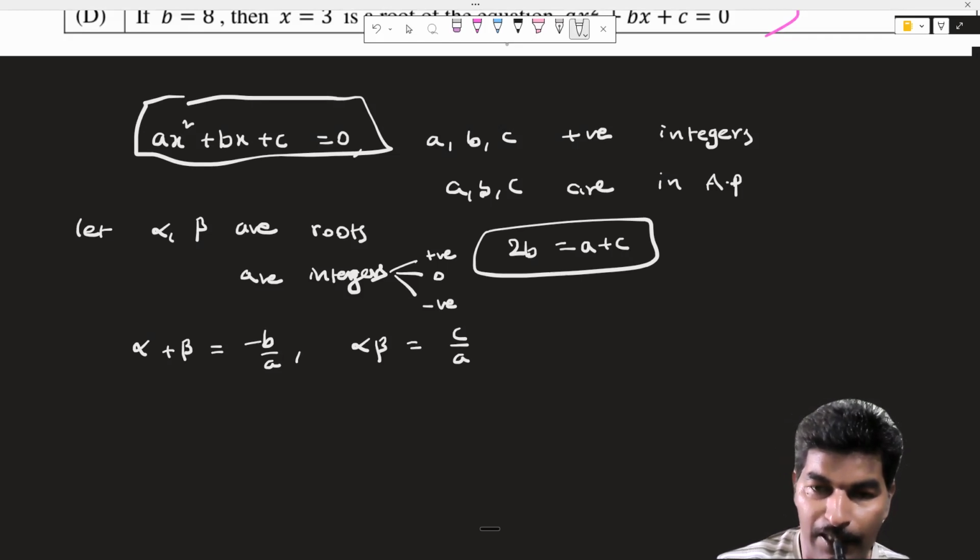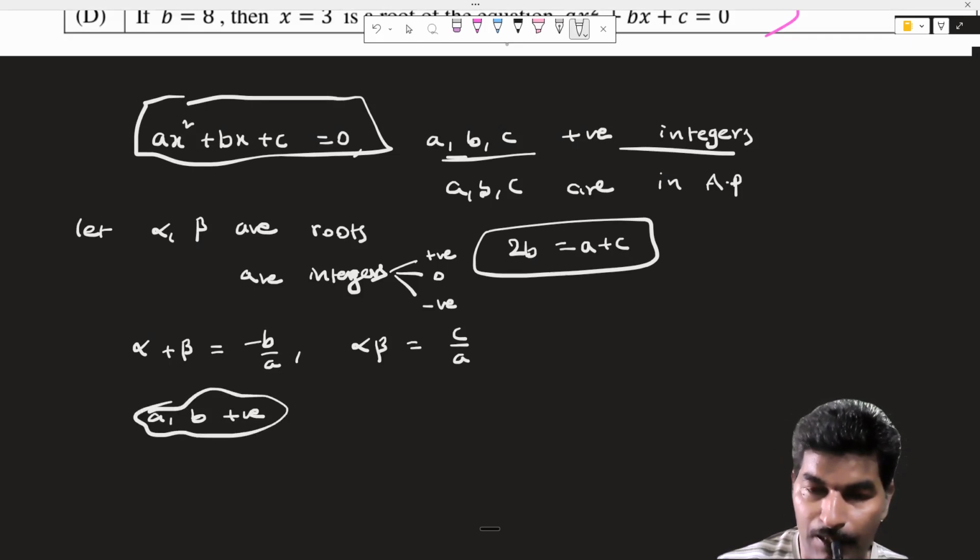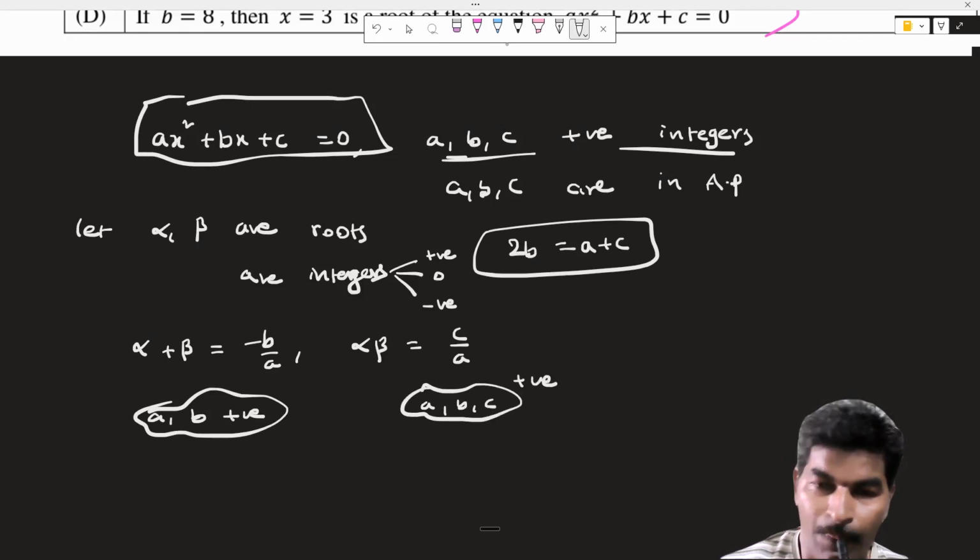So the sum is minus b by a, but given that a, b, c are positive integers, a and b are positive. What does it indicate?